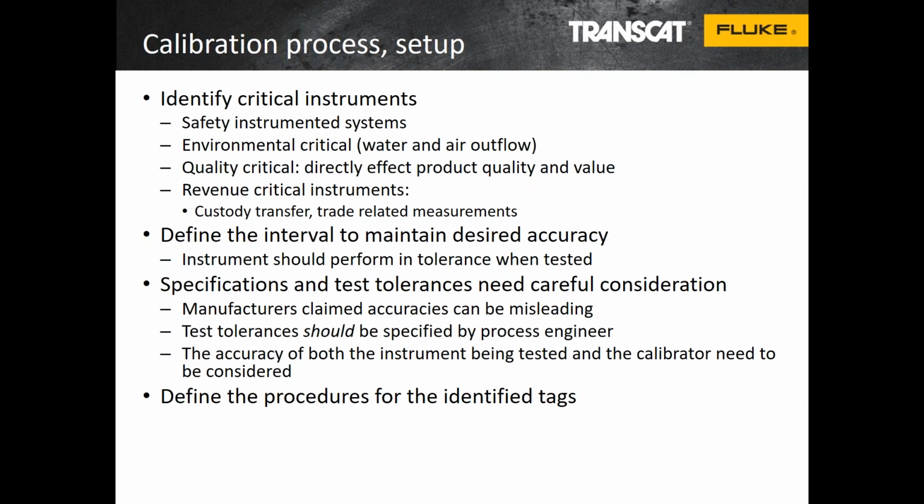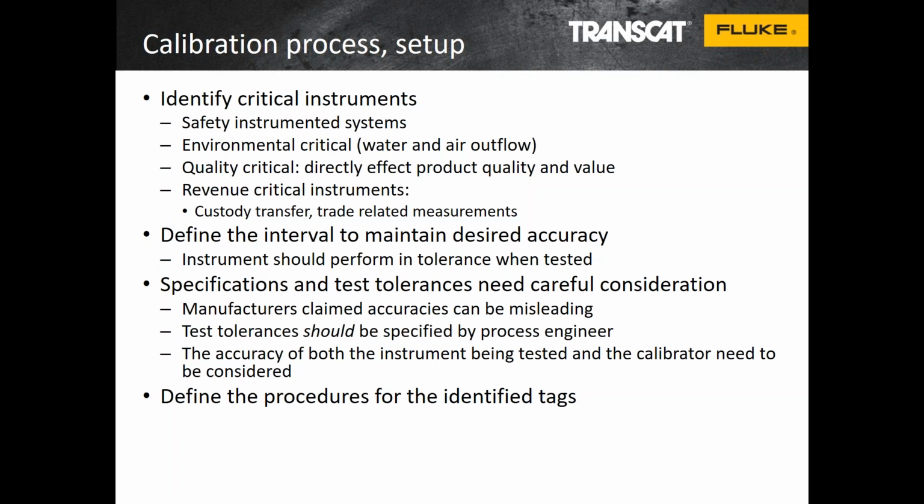To begin the setup, you first need to identify the critical instruments. Don't try to boil the ocean. Identify the devices in safety instrumented systems, things that are environmentally critical and may have oversight, quality critical, and revenue critical. So once the critical devices have been identified, that's the place to start.